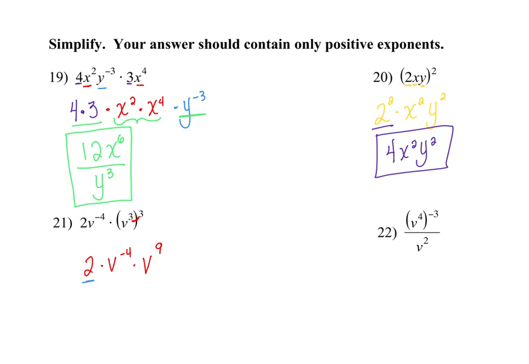I leave this alone because it doesn't have anything to combine with. These are like bases being multiplied. What do I do with those? It's technically add, but because it's adding two numbers with different signs, right? That means we're going to subtract. We have negative 4 plus 9, which gives us v to the 5th power. It is just a positive power. It stays where it is. We're done.